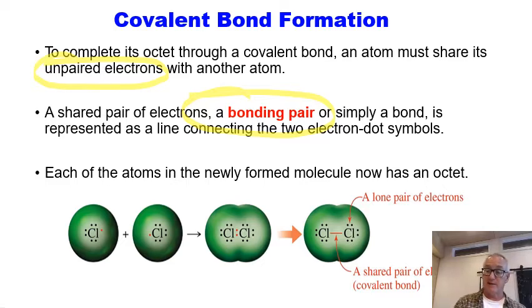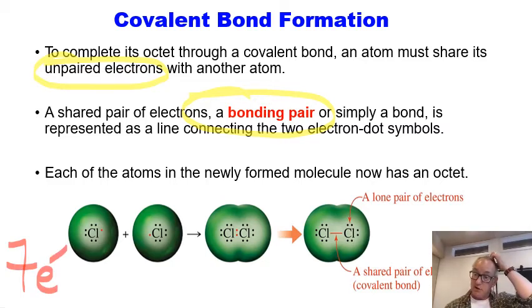Now let's look at two elements forming a bond here. These are chlorine atoms, and each chlorine atom has 7 valence electrons. So let's make the electron dot structure of chlorine.